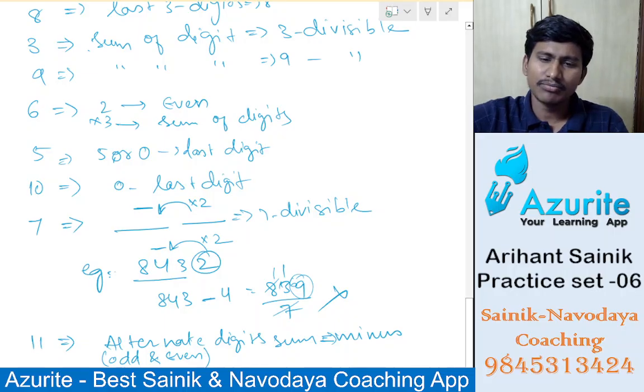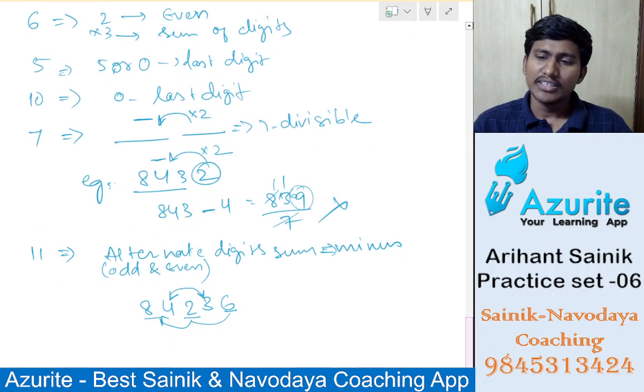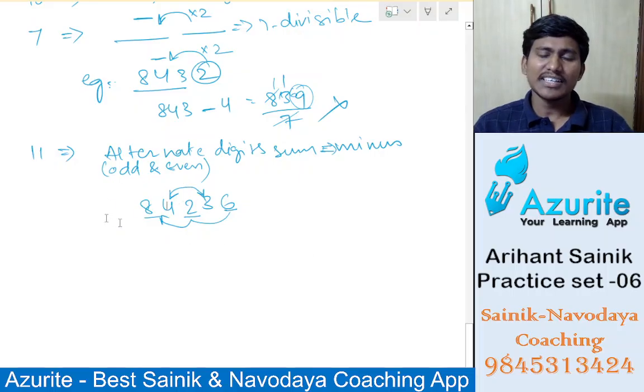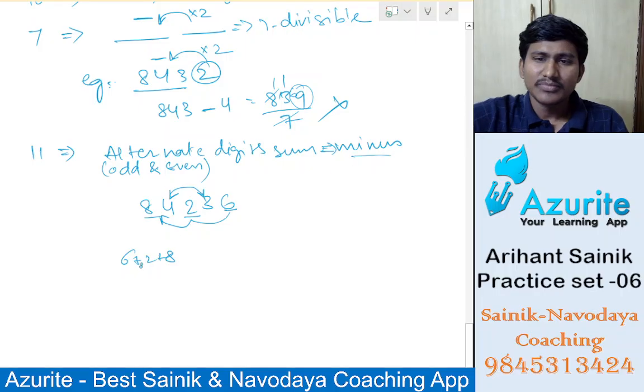So if you take 8 4 3 2 3 6, these are the alternate ones, 6, 2, 8 and 4, 3. So here 6 plus 2 plus 8, we have to minus from that sum 4 plus 3. Okay, so what will be the answer here?